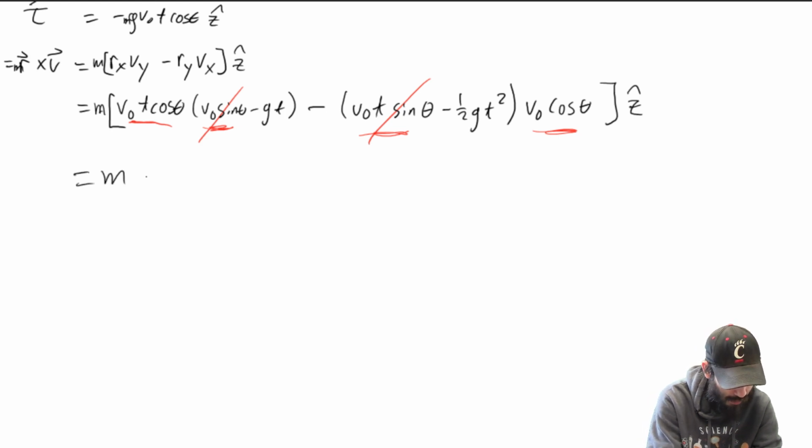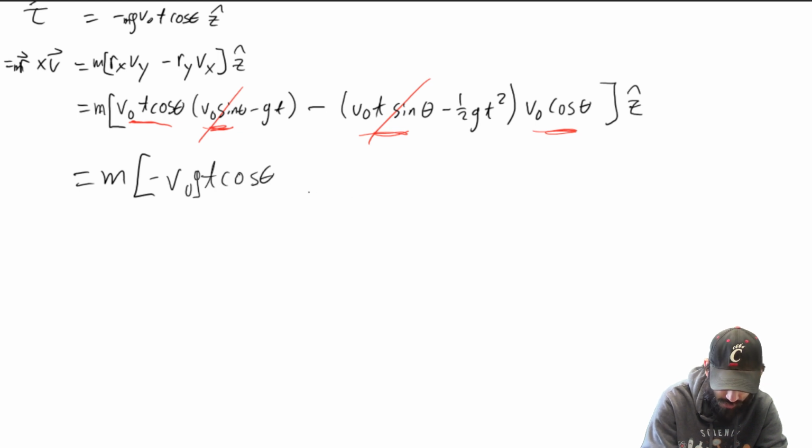this is going to be m, now let's expand it. This is going to be v0 t minus g cosine of theta, minus 1/2, so that becomes a plus 1/2.